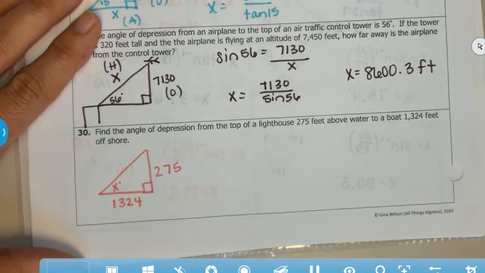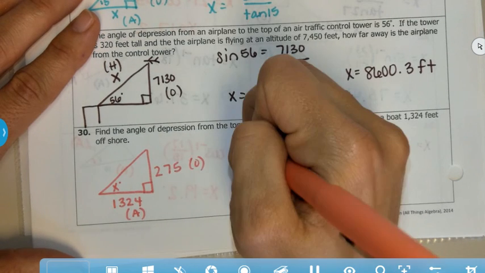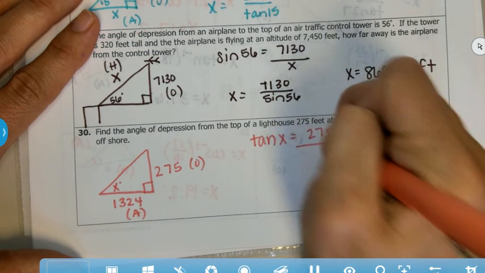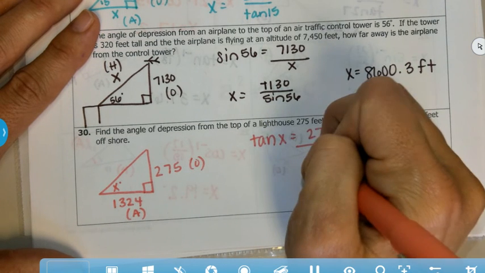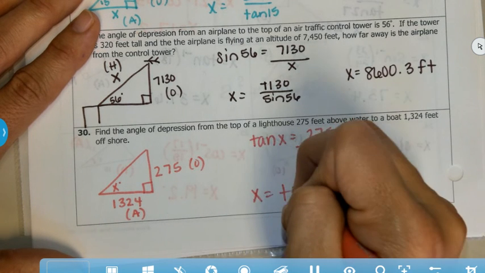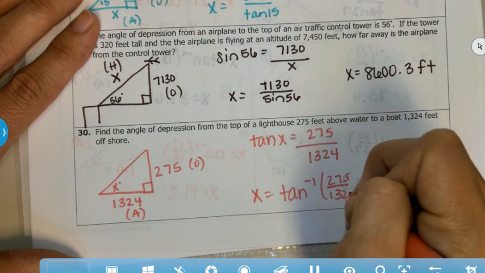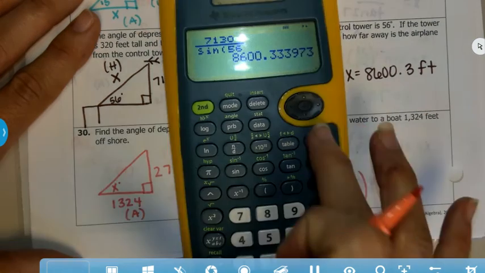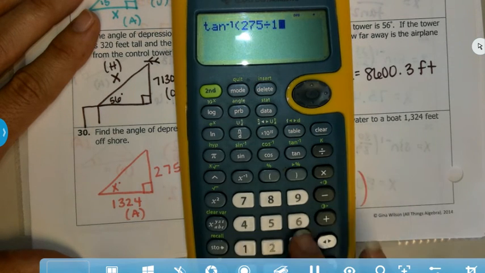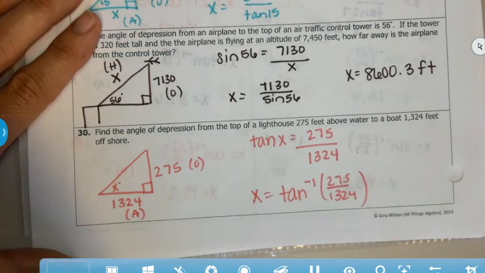All right, so 275 is the opposite side, 1,324 is the adjacent side, so we're using tangent. So tan x equals opposite 275 over adjacent 1,324. We're going to use inverse tan, so x equals inverse tan of 275 over 1,324. The angle is 11.7 degrees.